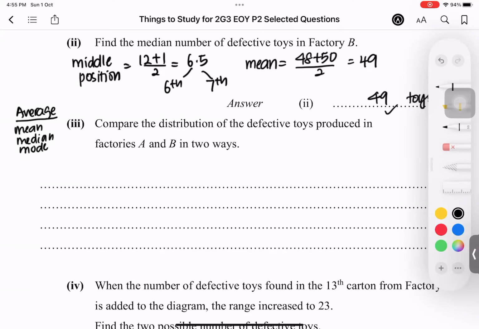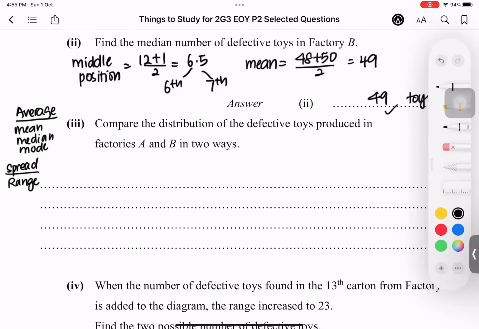That's one thing. The second way to compare is the spread of the data. The spread of the data will be talking about the range. If I have a large spread, a large range, that means the data is very spread out, then it will be inconsistent. But if I have a small range, the data is very clustered together, then it will be more consistent.